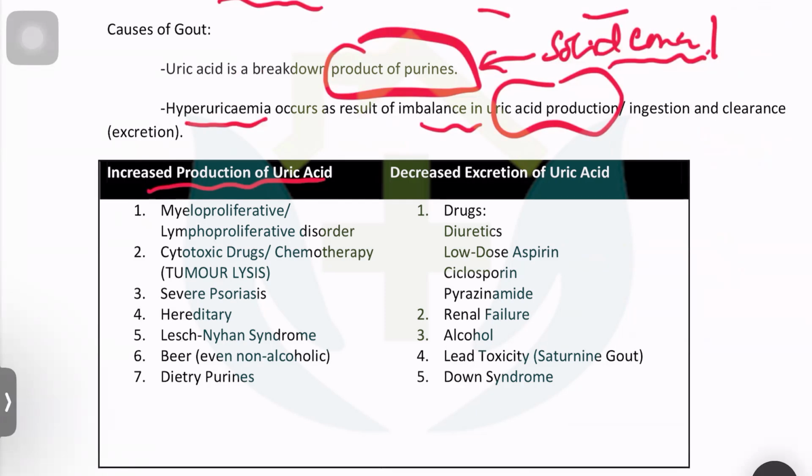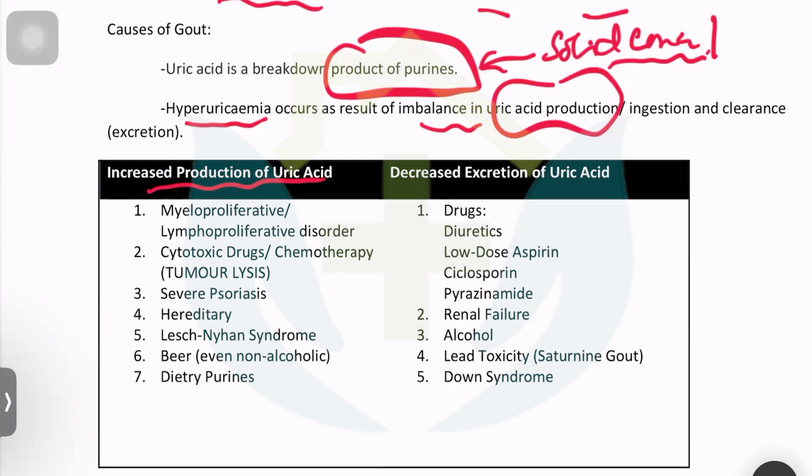One is cancer, second is cytotoxic drugs, then severe psoriasis, any autoimmune disease which is very aggressive, they can lead to this, and Lesch-Nyhan syndrome. Beer, even non-alcoholic beers, can lead to hyperuricemia. Can anyone tell me what is Lesch-Nyhan syndrome?